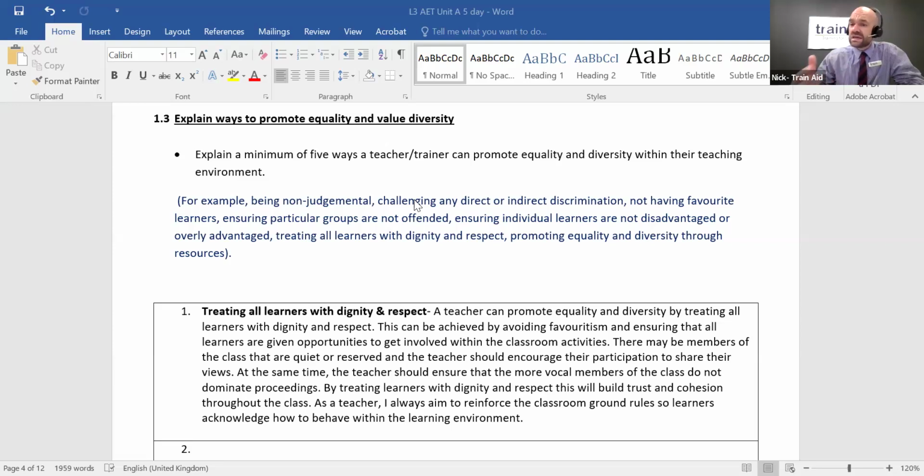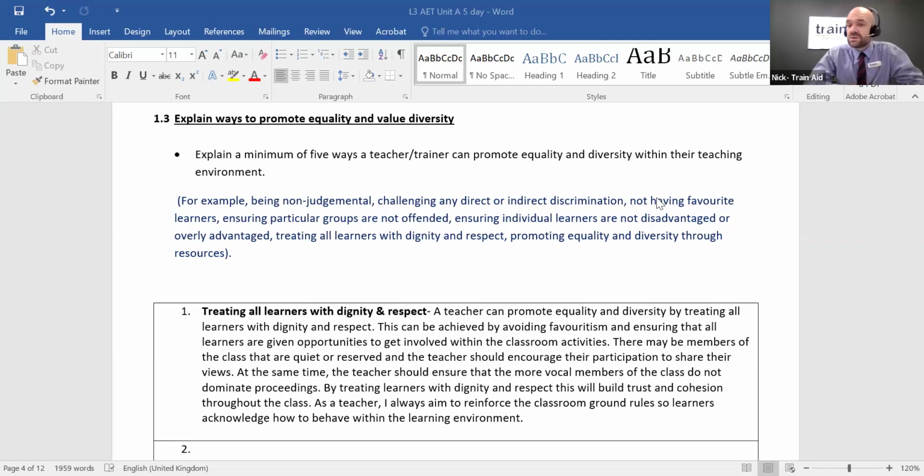Any unsavory comments need to be stamped out, and referred perhaps to a manager or a principal, so any negative behavior is not going unnoticed, that is not being swept underneath the rug. You have to really challenge the learner, and that is all about promoting this positive environment. We want to maintain that positive environment, and really challenge any negative viewpoints as well.